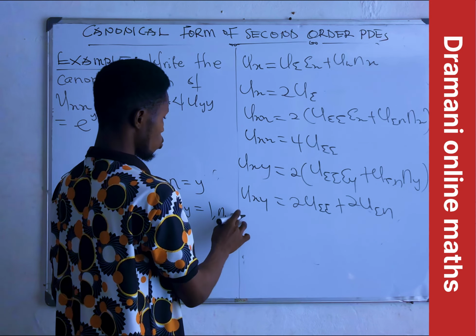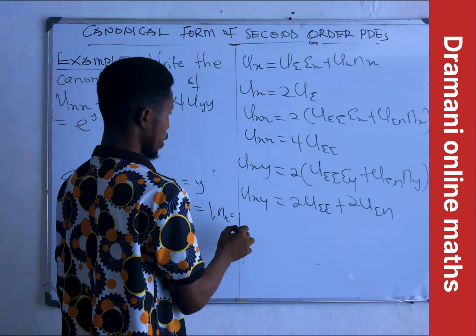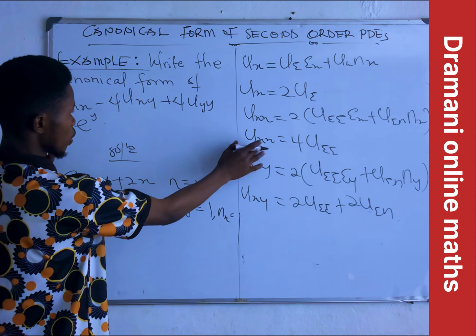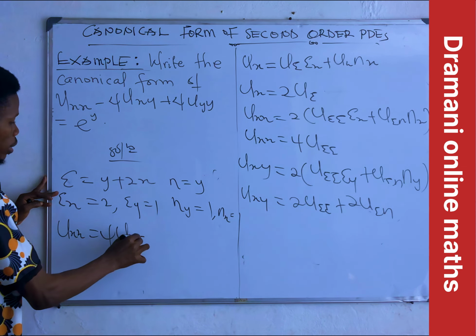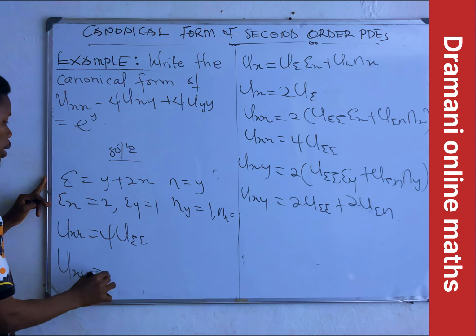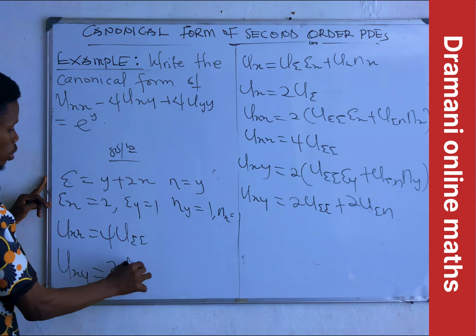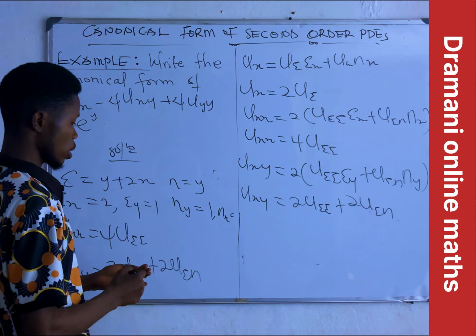Now from here, we are done with that one too. So we are now moving on to the other one. So let me write the answers here. My uxx is 4u xi. My uxy is also 2u xi plus 2u xi eta. So these are the two things.